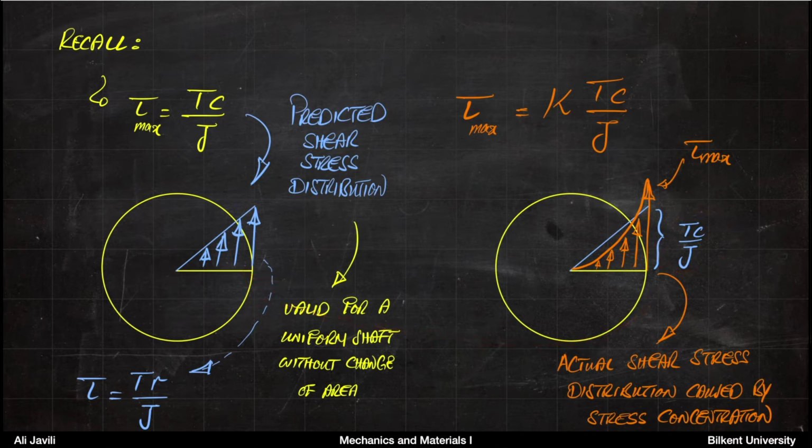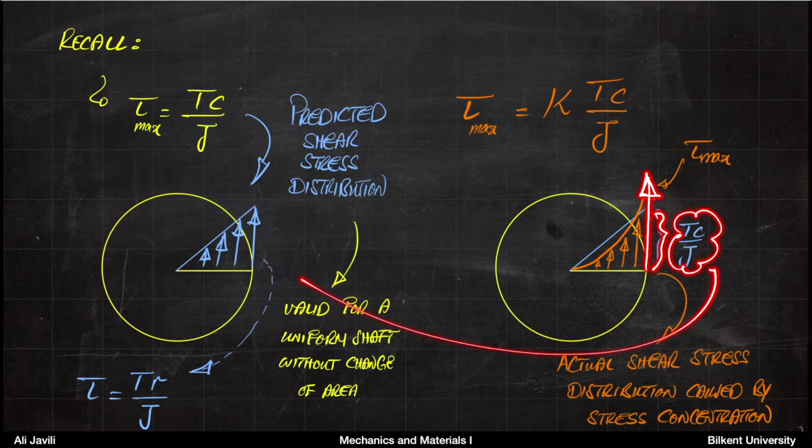Just for the purpose of comparing them, I drew them on top of one another. Here you can see that if you have a stress concentration, your tau max is larger than what you would have had before for maximum shear stress.